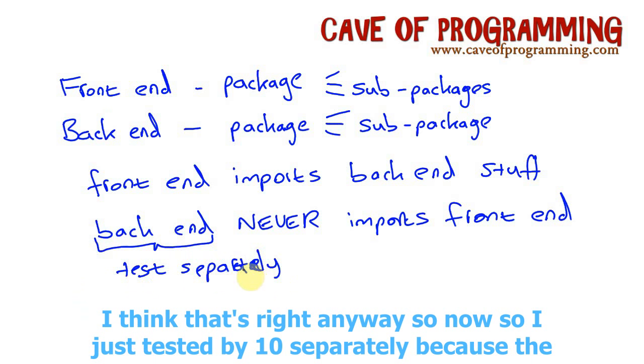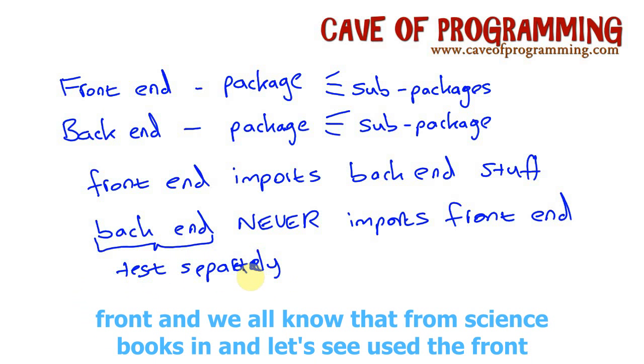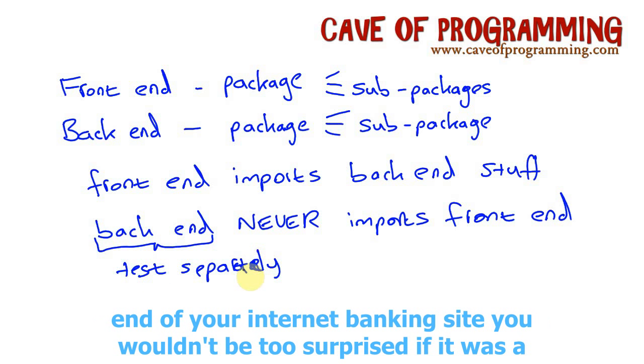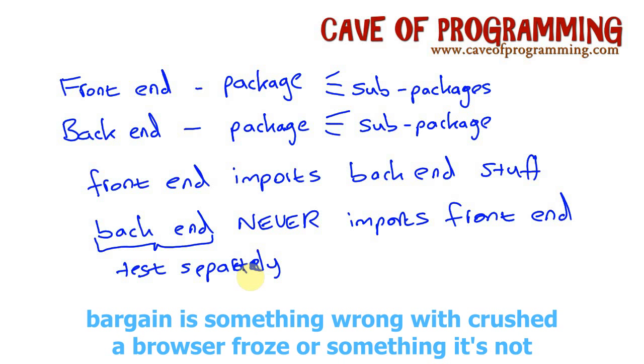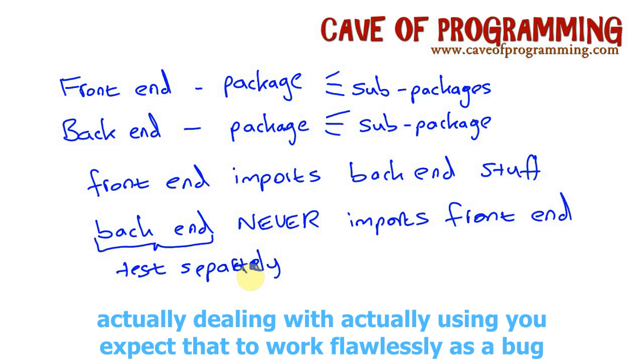So you should test your back end separately, because the front end, we all know that front ends have bugs in them, and let's say you use the front end of your internet banking site, you wouldn't be too surprised if there was a bug in it. If something went wrong with it, it crashed, your browser froze or something. It's not the end of the world, but you expect the back end that the front end is actually dealing with and using to work flawlessly.